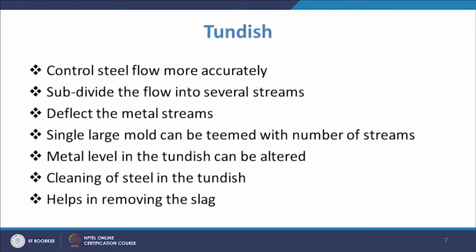Also, because it has a very large surface area, during changeover there will be only a very small decrease in the height of the free surface of liquid metal in the tundish. So, the change in velocity will be very small. Basically, the steel flow is controlled more accurately because of the tundish.